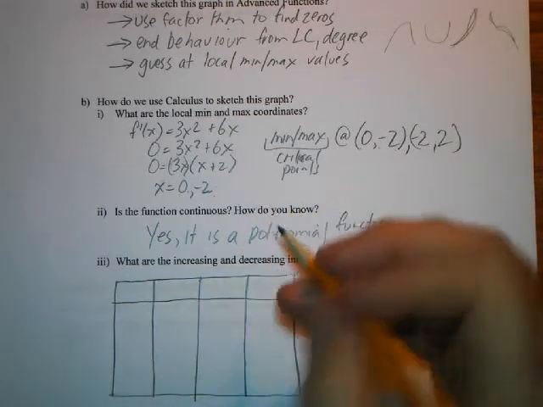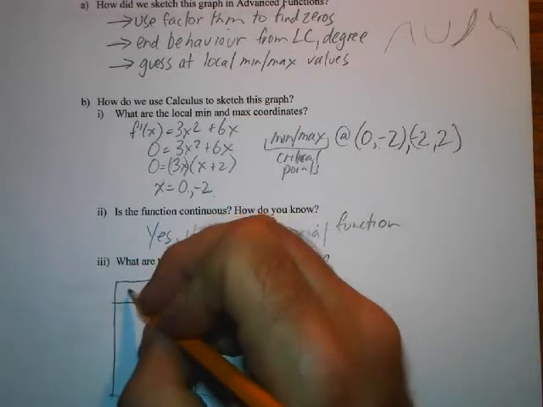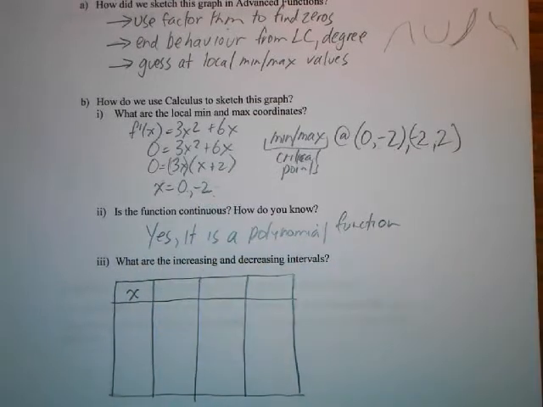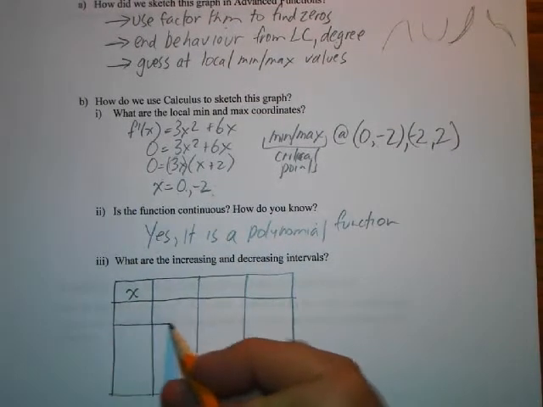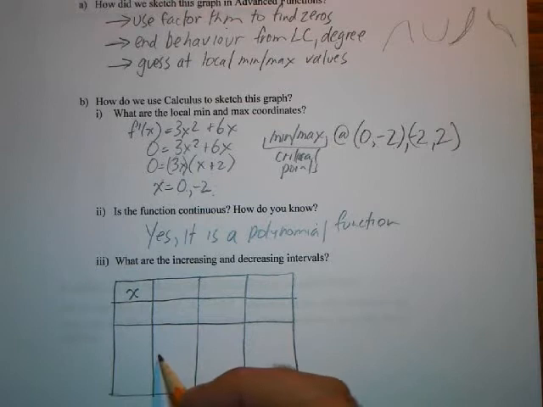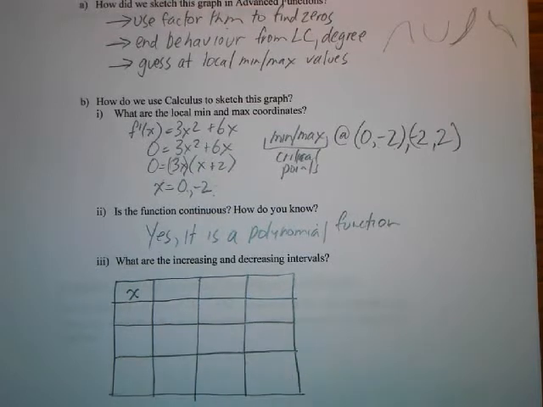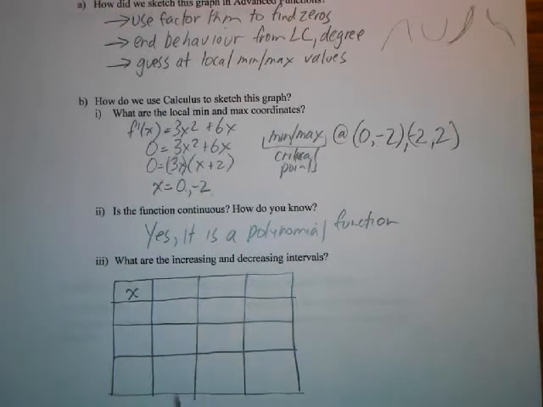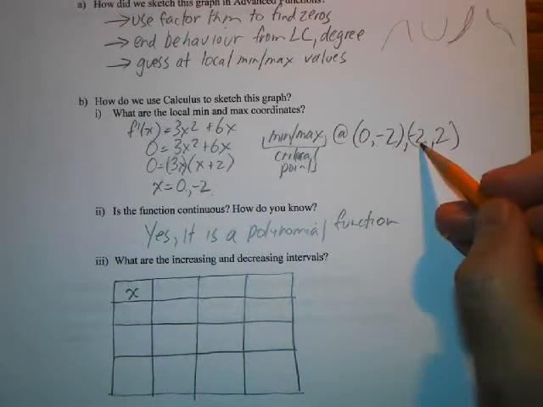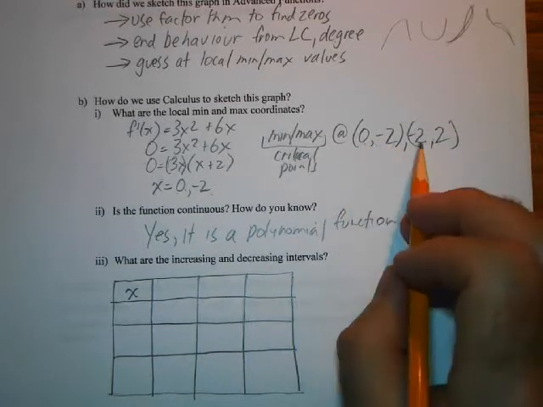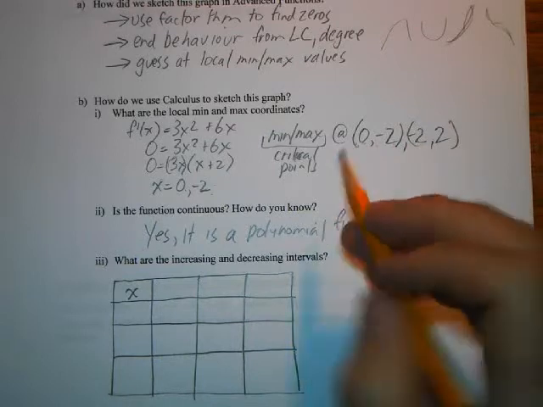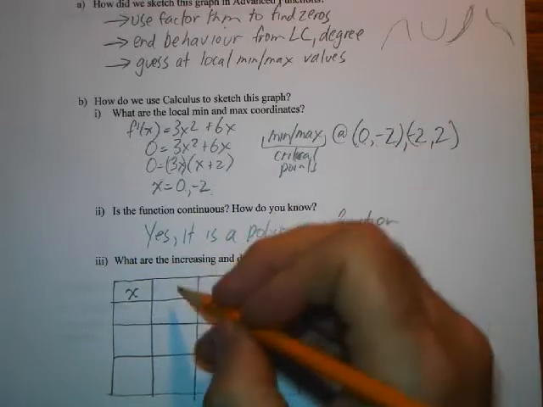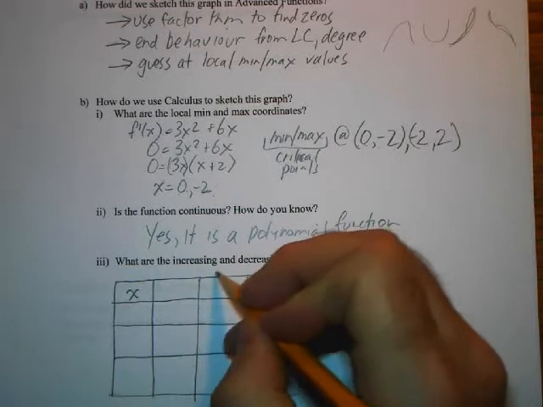Okay, so I'm going to have my values of x along the top, and then I'm going to have 3 columns. The reason why I have 3 columns is because I have 2 critical points. So for each of these values of x, negative 2 and 0, I'm going to develop intervals around there.